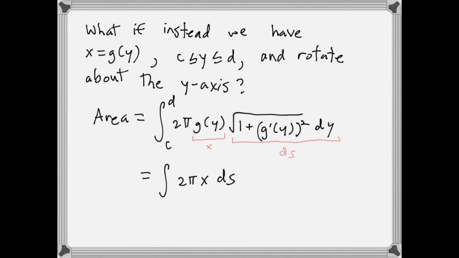And then if we rotate around the y-axis, then this becomes an x. Okay, so that's a good way to remember the formula. And so I would like to write down a summary for the area of a surface of revolution.